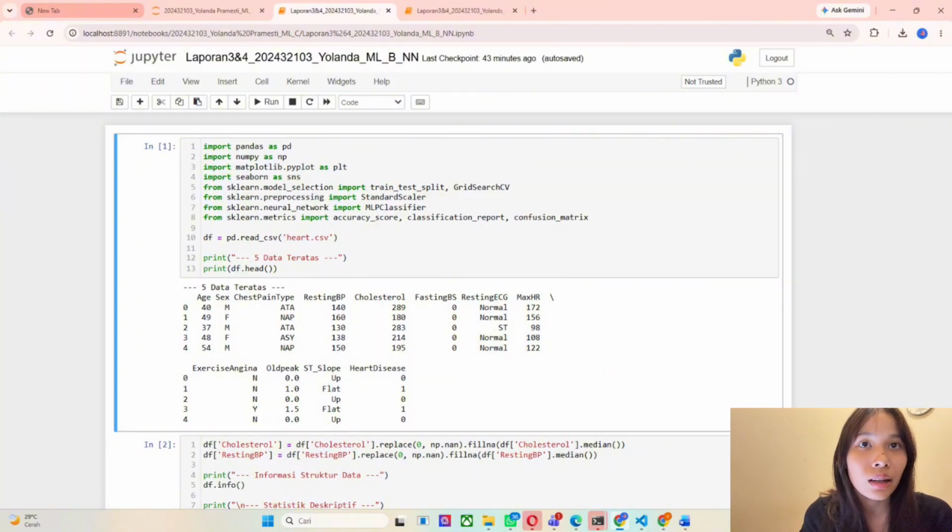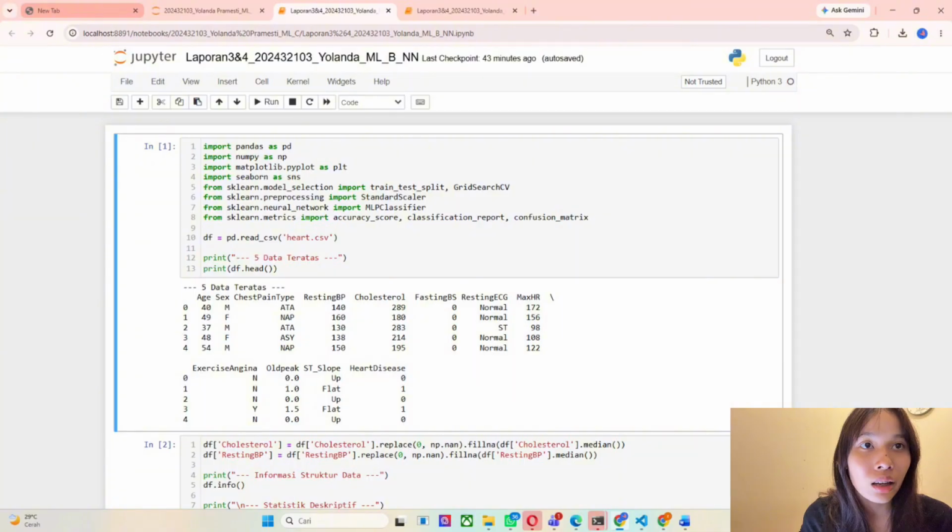The dataset represents clinical features for predicting heart failure risk. When checking the data using df.head, I spot critical issues there, where the value 0 appears in the cholesterol and resting BP columns.